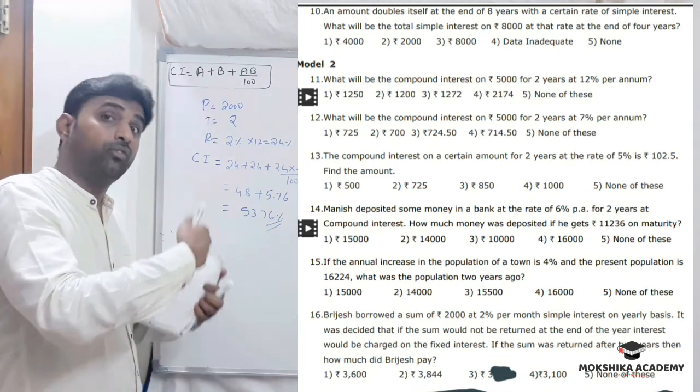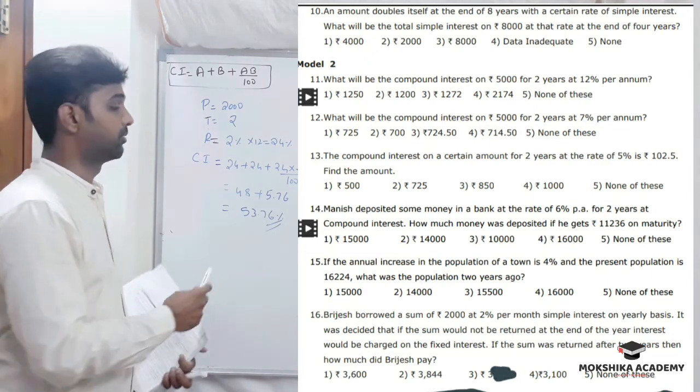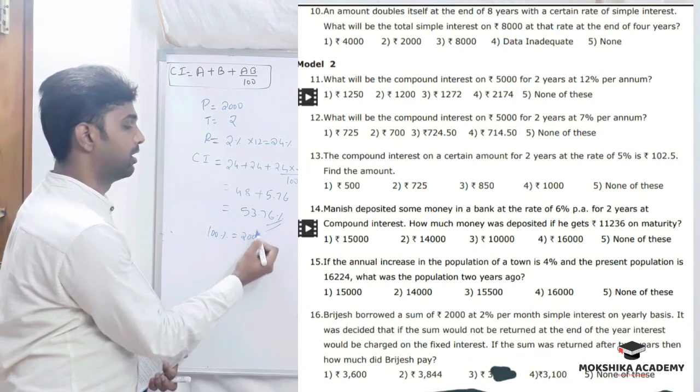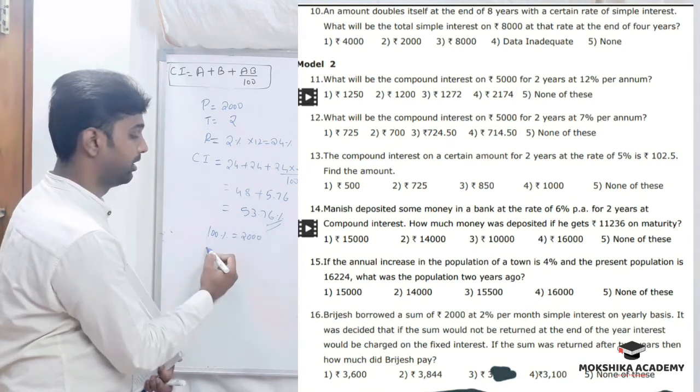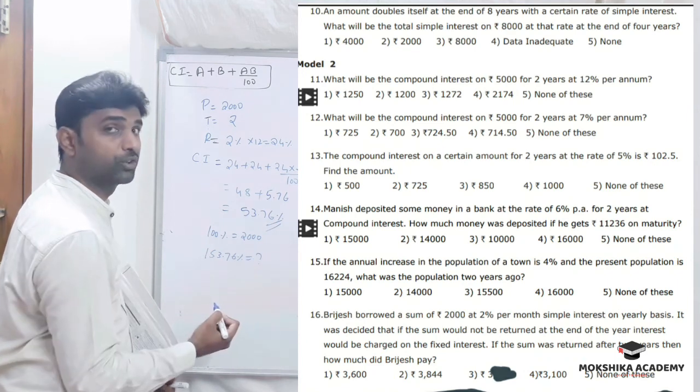Sum returned after 2 years. He returns after 2 years. How much does he return? 100% is equal to 2,000. He includes 53.76% along with the 100%, so 153.76% is equal to question mark.